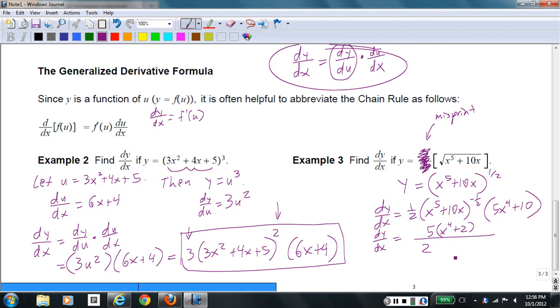So it's going to be the square root of x to the 5th plus 10x. Possibly, I guess you could factor an x out of that little expression there. There's really not another x to any power in the expression as a whole, so I don't know that I see the real virtue of doing that, but that's something that you could do if you wanted to.